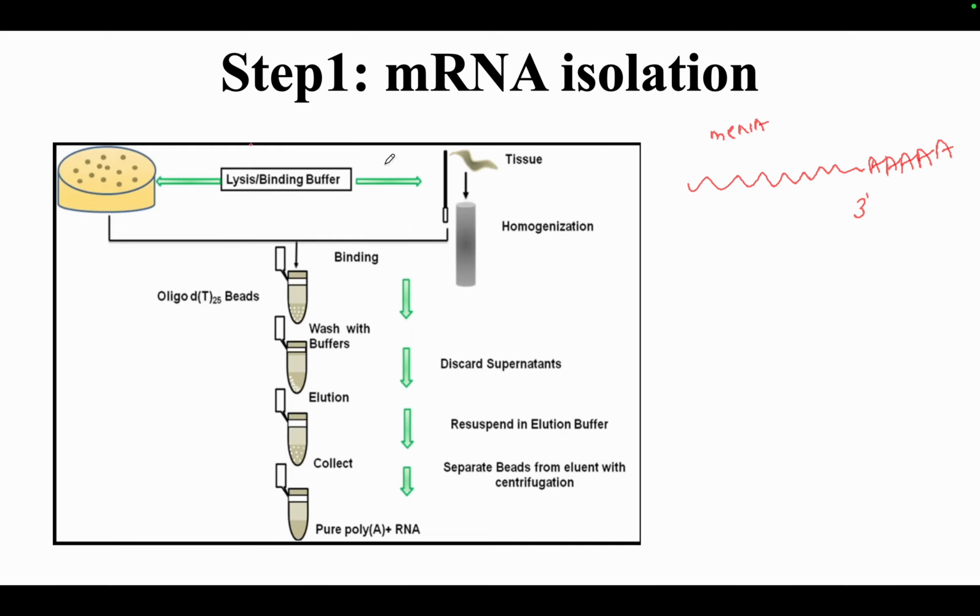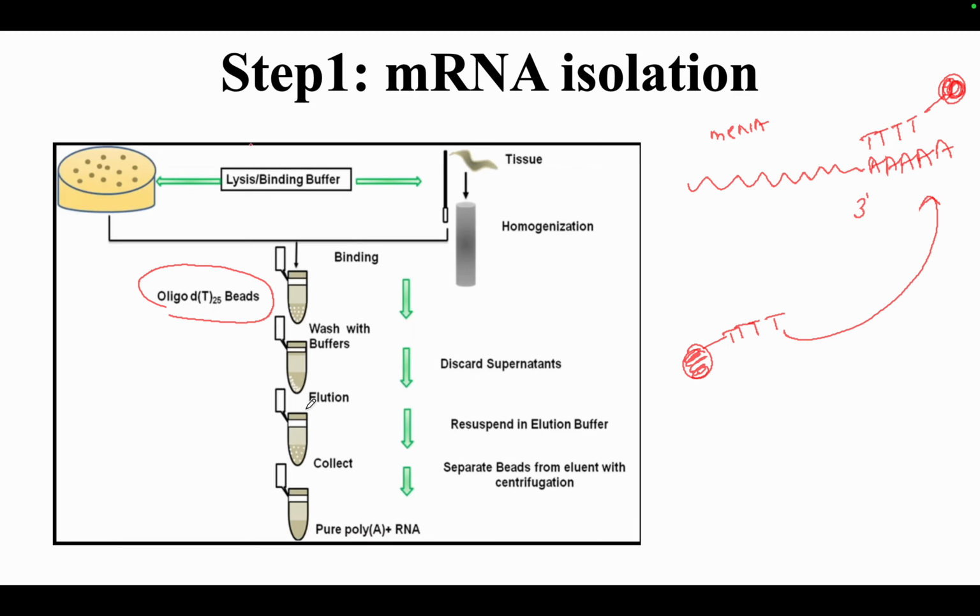After collecting our DNA and RNA together, we'll use oligo dT beads. These beads have oligo T attached to them, and this oligo T will be complementary to the poly A tail. They will attach to the poly A tail, and then we'll capture this mRNA using these immobilized beads.